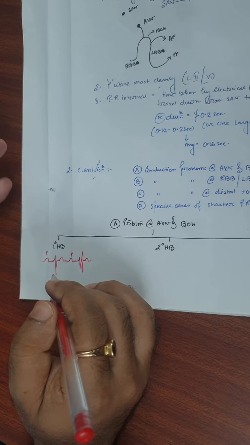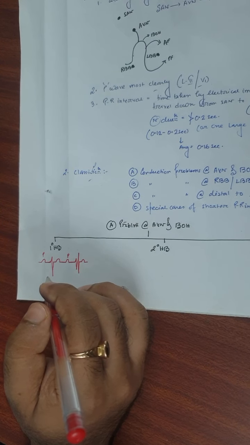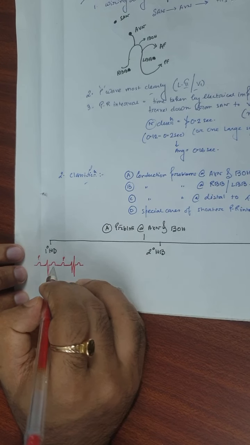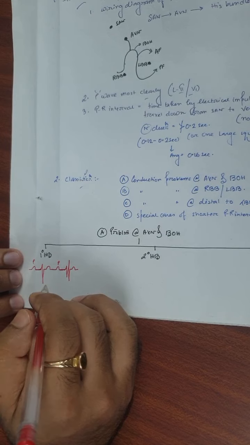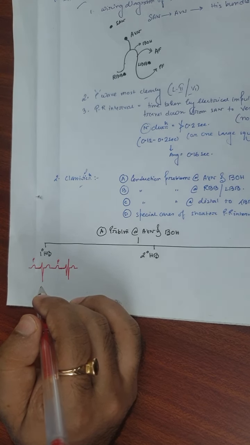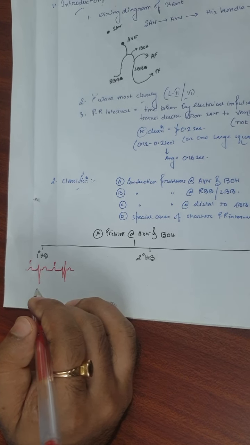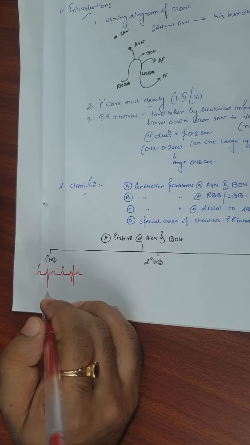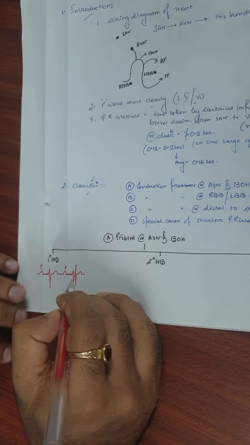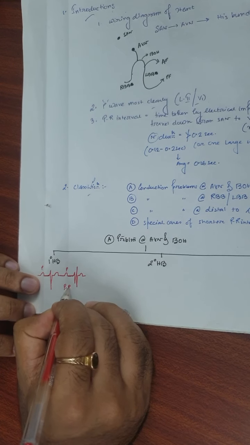That means electrical impulses always get from the SA node to the AV node. But here the PR interval is much more prolonged. That means there is some delay in the conduction of the electrical impulses passing down from the SA node to the AV node.